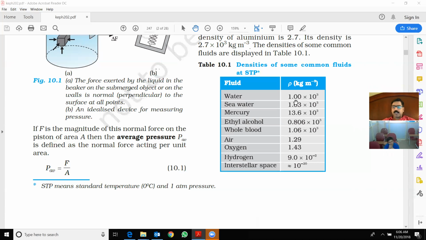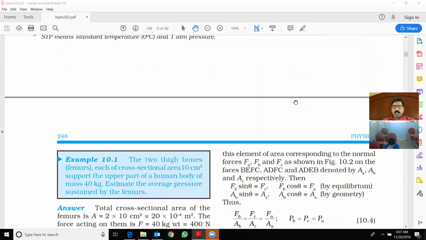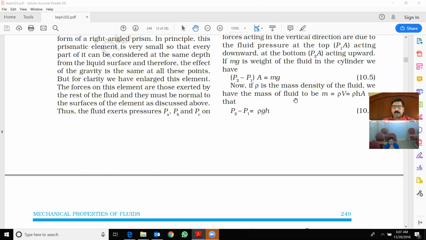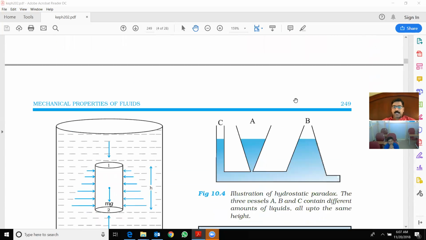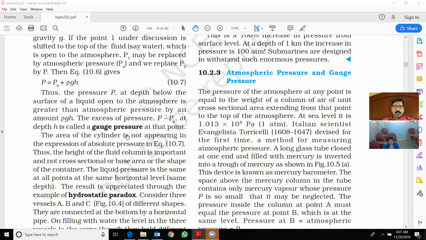Okay, what is gauge pressure? We learned that term in our previous class. What is gauge pressure? Like the excess of pressure. Yes, the difference in pressure that we generally measure. The excess of pressure P minus PA at depth h is called the gauge pressure at that point. So it is the excess from the atmospheric pressure.